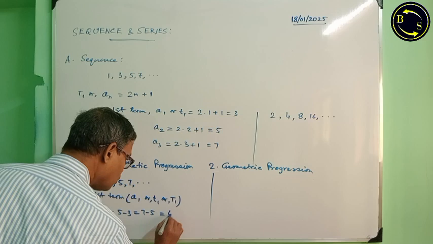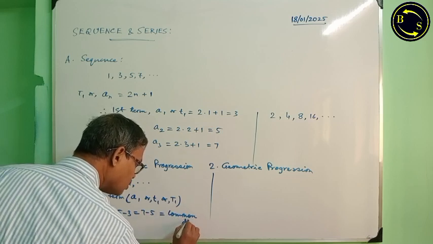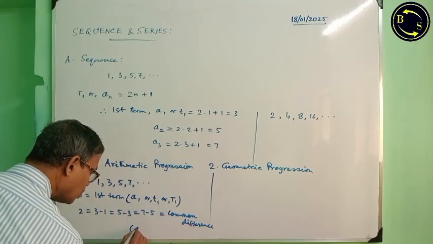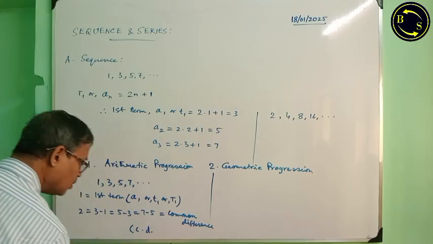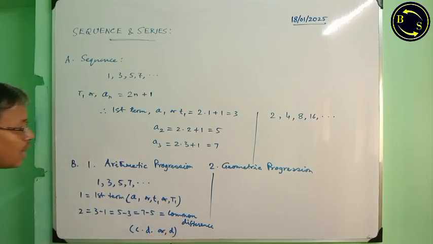This is called the common difference. We denote that by using this symbol, d.